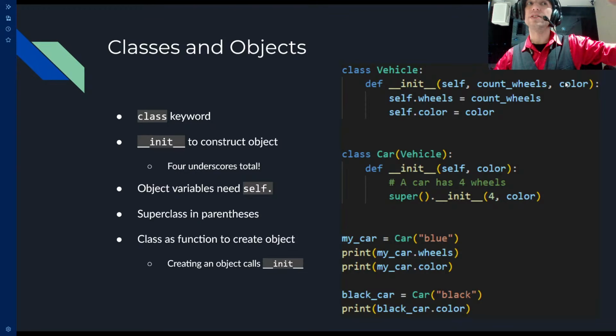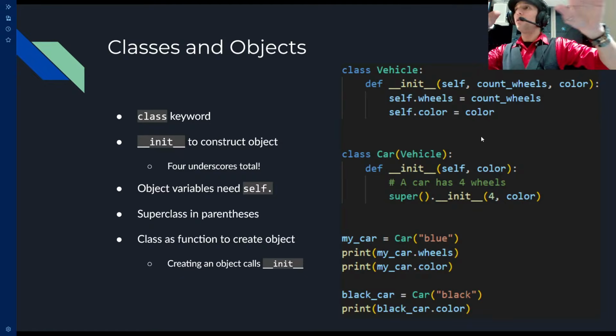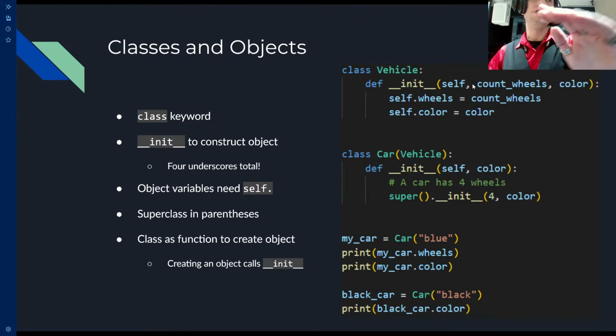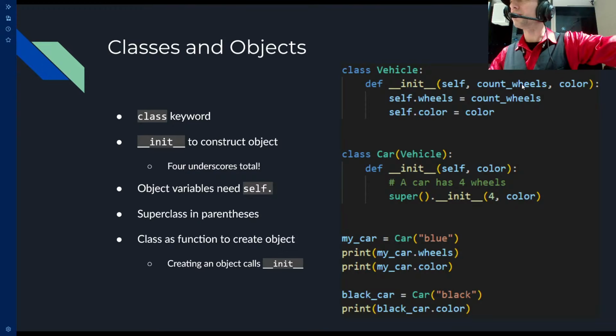And the same with color. I didn't have an example of a vehicle, but if I did my vehicle equals Vehicle, parentheses, you skip self, and maybe it's a 6-wheel vehicle, so I could put 6 and then red or whatever, and it would work.